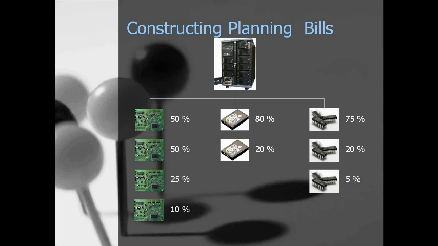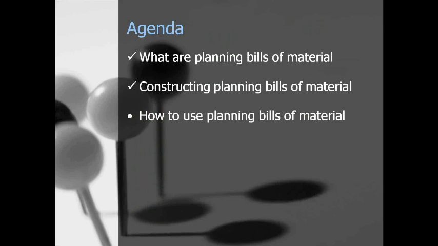So in your MRP environment, the fact that you have some master production schedule coded items as components in planning bills of material would be perfectly logical to me as long as it met that criteria. If not, then we'd have something to talk about. So this is how you construct the planning bill of material.